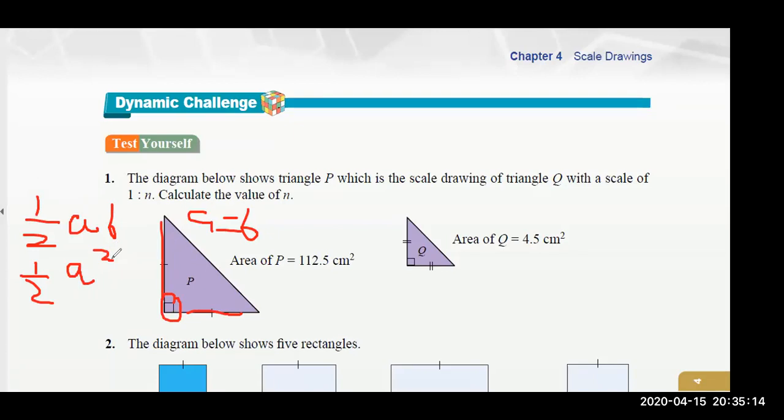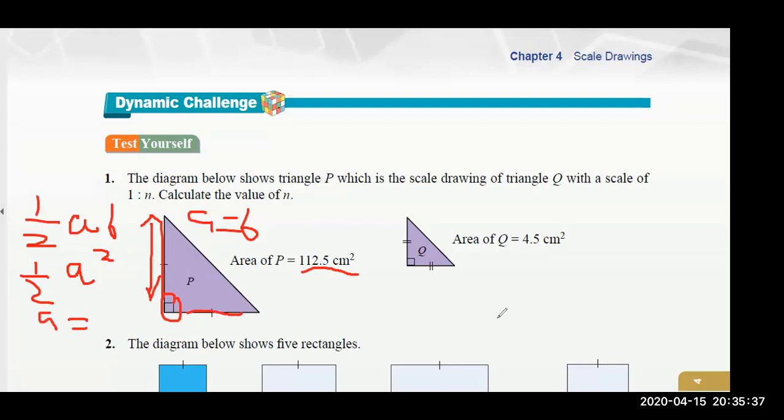Then you use this formula. The question gives you this 112.5 cm squared, which is already the area of P. So then you can find the length for A. So what is the A, right?